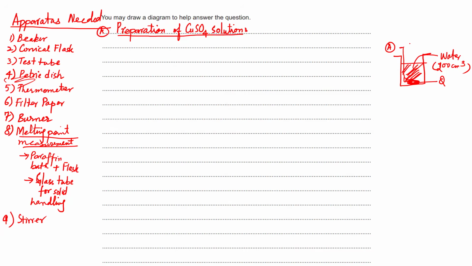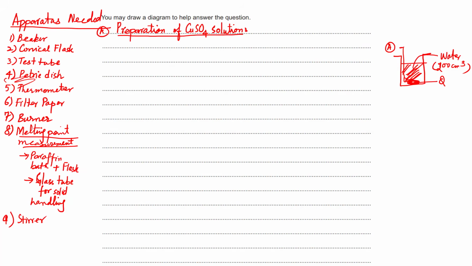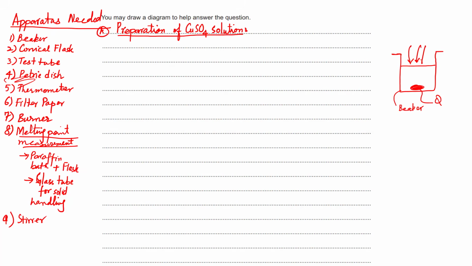Do we need it? Copper, we are actually using salt. So we do not need it. Just make it easier. So this is your beaker. This is say your Q, and add H2SO4, sulfuric acid.